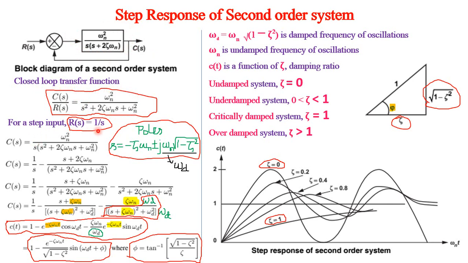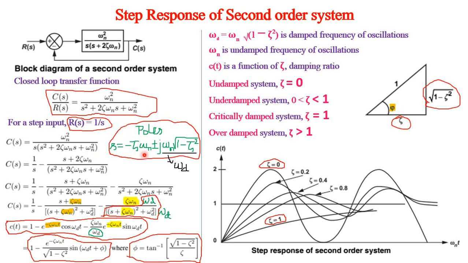For a step input R of s equal to 1 by s, if we substitute R of s equal to 1 by s here and take R of s to this side, C of s would become 1 by s into omega n square by s square plus 2 zeta omega n s plus omega n square. If we factorize s square plus 2 zeta omega n s plus omega n square, that is the denominator of the transfer function, the roots of the denominator polynomial are called poles.